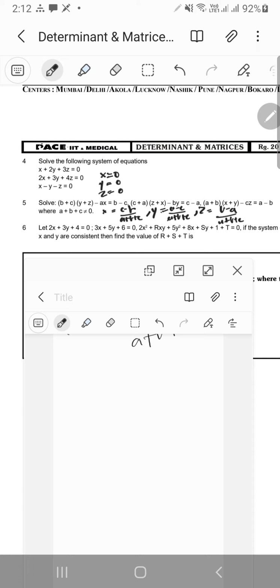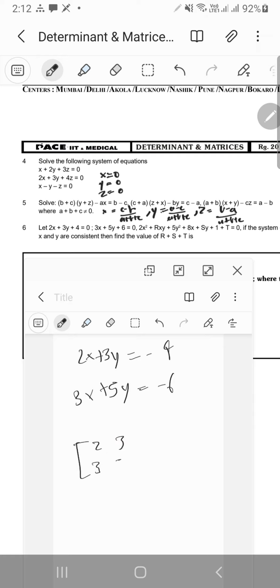I mean, you could just solve it directly, maybe that would be useful. Two equations, two variables is not that hard to solve. Just have this thing 2 3 3 5 minus 4 minus 6.